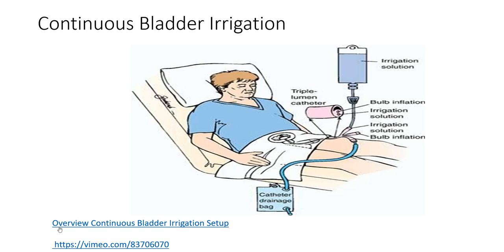Because if it doesn't flow, all of this fluid that's accumulating is going to back up and cause problems, okay? It's just the little things that we can do that can provide comfort for our patients and prevent any kind of adverse problems.